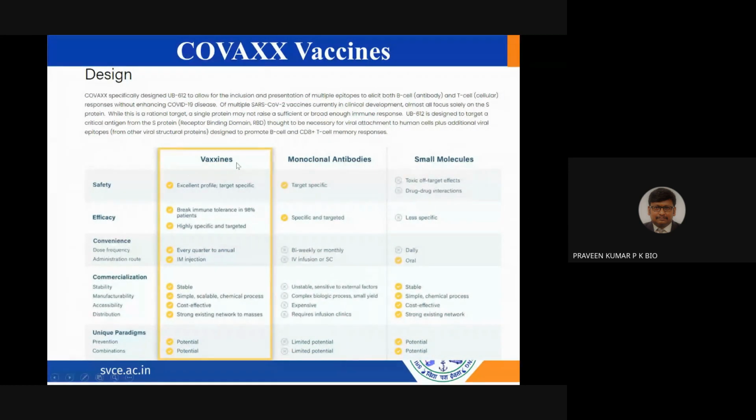If you see COVAX compared on safety, efficacy, convenience, and commercialization, for everything you can find this vaccine is excellent. It has shown excellent results for SARS-CoV-2 infection when compared to monoclonal antibodies. Monoclonal antibodies precisely target the antigens, isn't it?